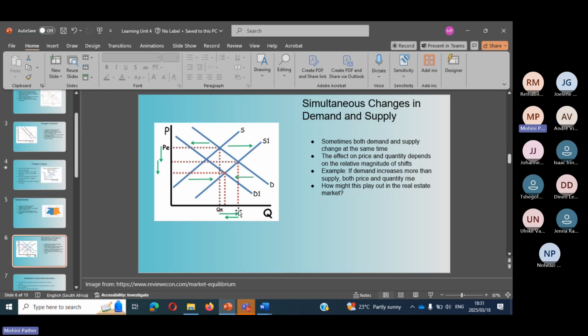That reduces the quantity that we were demanding originally from this position here back towards QE. Not quite there, but closer to it.